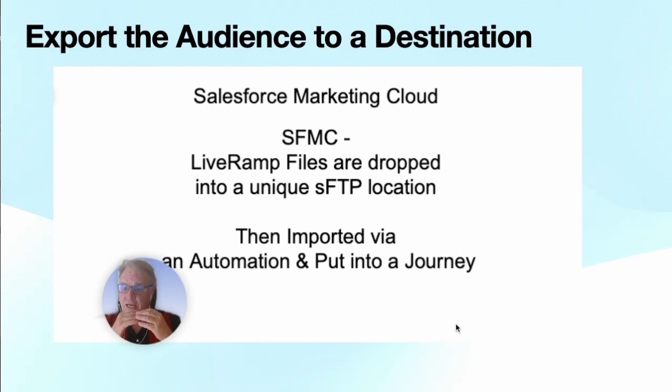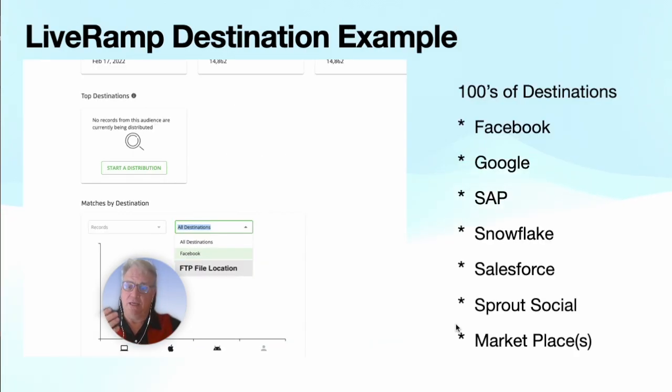It becomes an audience, and then the destination or integration is Salesforce Marketing Cloud, or an SFTP. You drop it into that file, and then it's imported into a journey via an automation in Marketing Cloud.